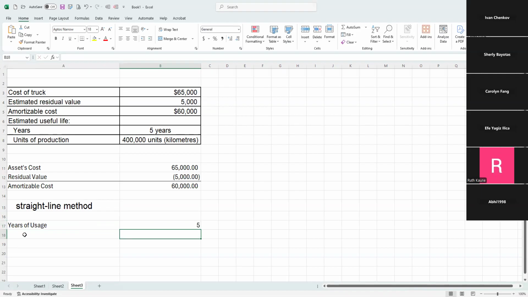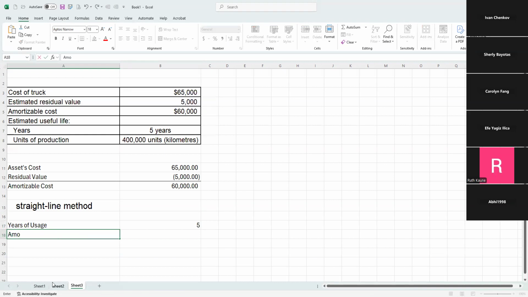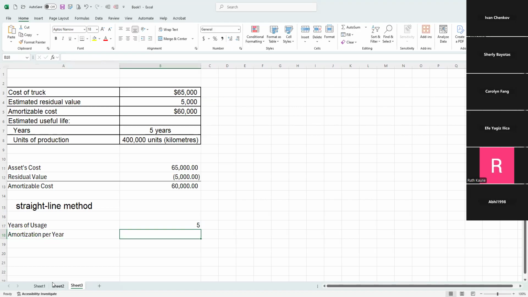So then what are we going to calculate? We're going to calculate the amortizable amount, or amortization per year. And how much will that amortization per year be? In our case, 60,000 divided by 5. 12,000 every year.